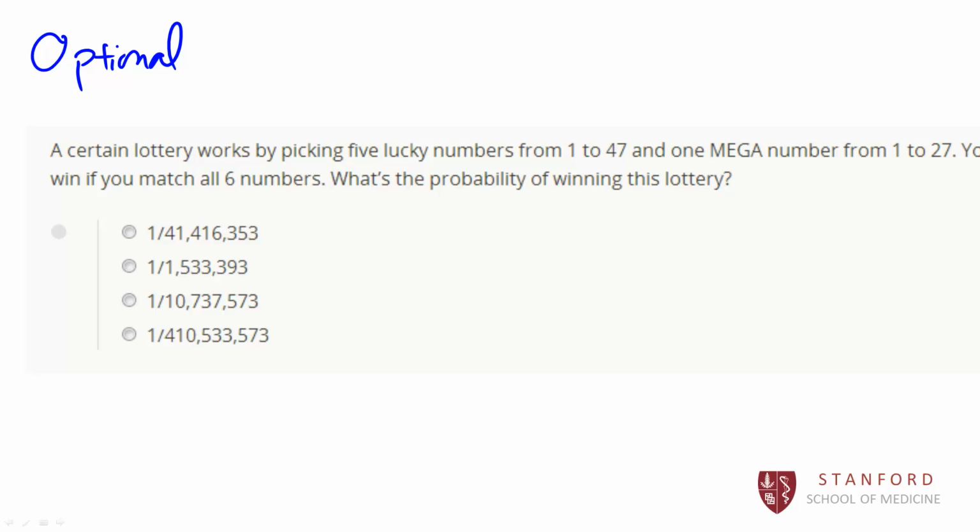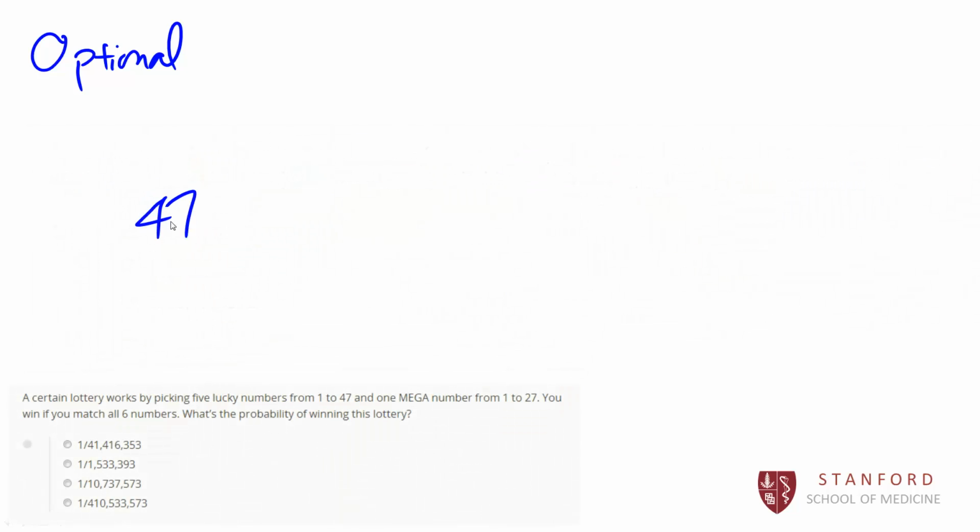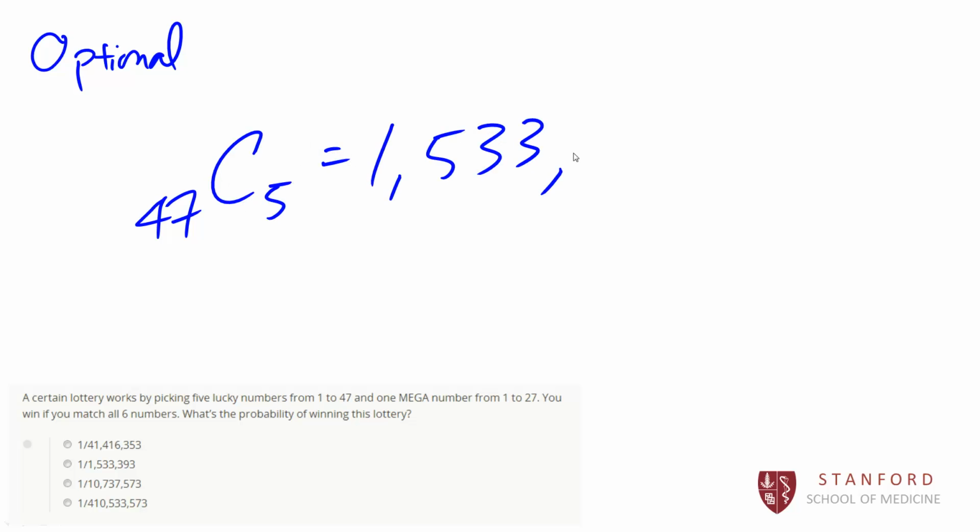So how many possible combinations are there for the first part of picking 5 numbers? So that's going to be simply 47 choose 5, which is equivalent to 1.5 million, about basically. Okay, so there are 1.5 million possible 5-number combinations for the lucky numbers.